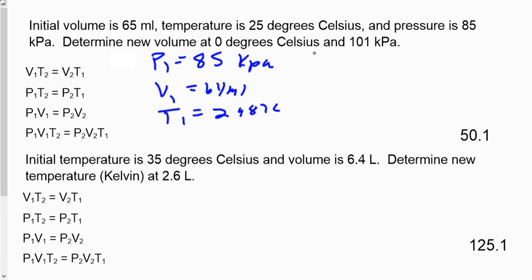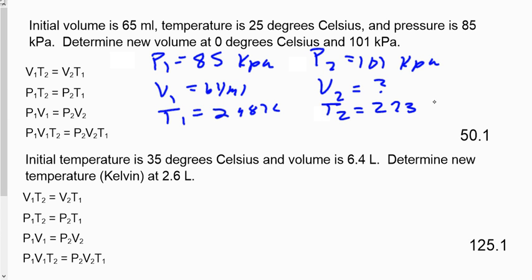Over here, pressure 2 is 101 kilopascals. We're trying to find volume 2, so that's our question mark. At 0 degrees Celsius, so temperature 2 is going to equal 0 plus 273, which is 273 Kelvin. And this is a K here also.